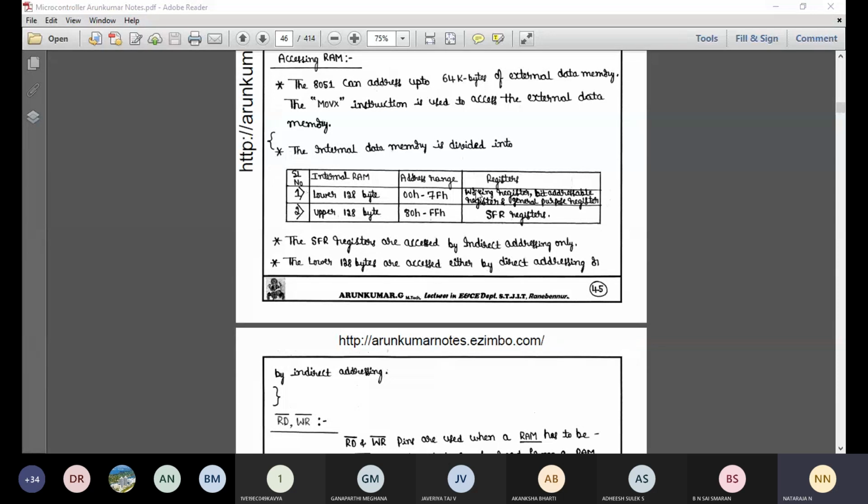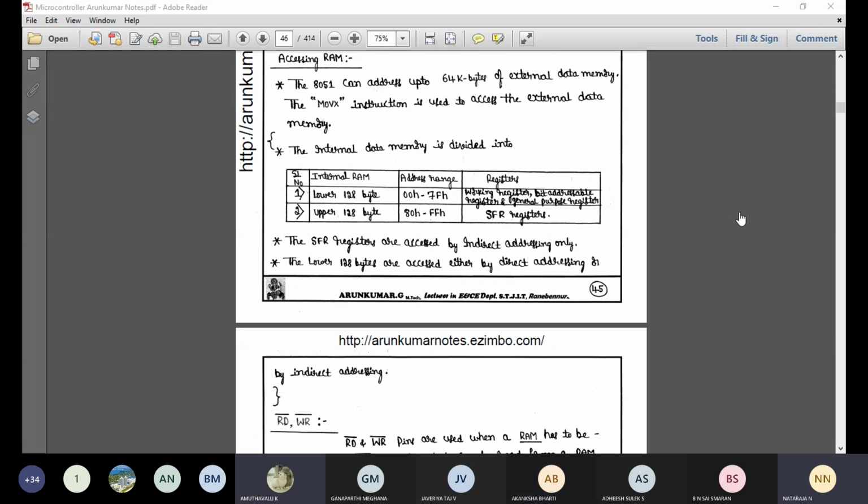Adarsha, present, sir. Adish, present, sir. Ajit Kumar, present, sir. Akshita, present, sir. Akanksha, present, sir. Ananya, present, sir.